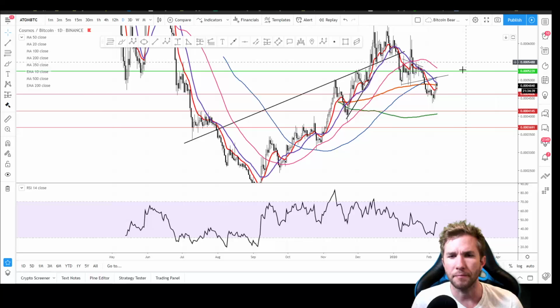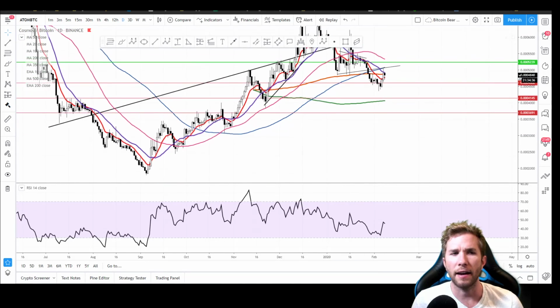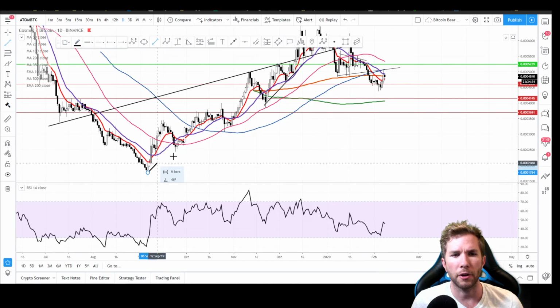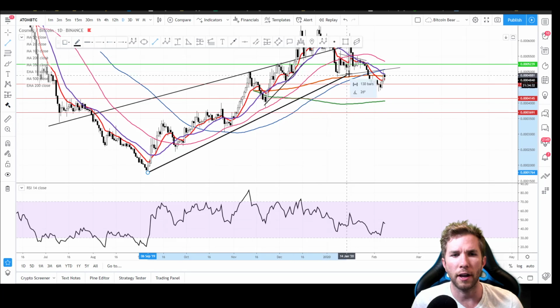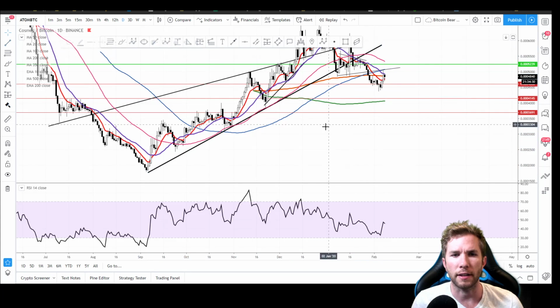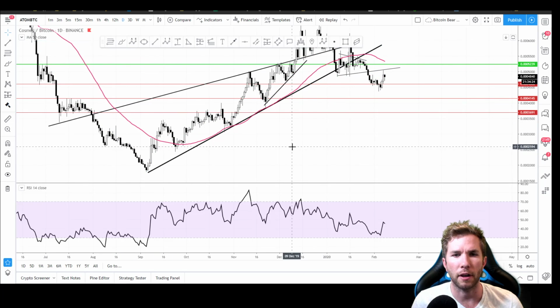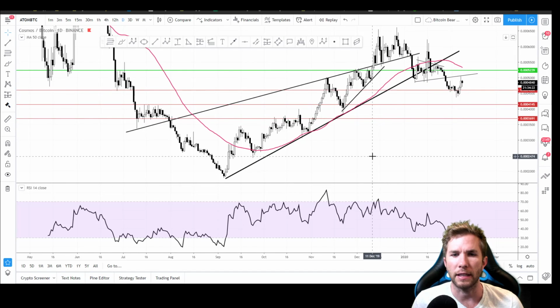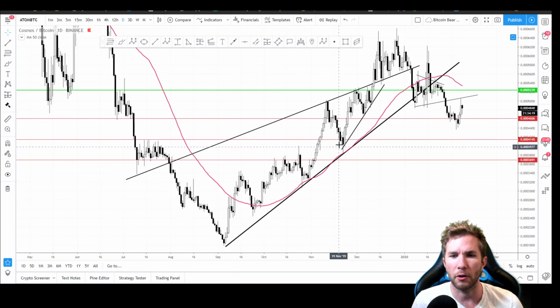So daily, Atom looks pretty good. If we're going to draw our trend, we want to draw it just like this. What you'll notice is this trend here, mostly respecting, I'm going to get rid of all this really quick, was mostly respecting the 50 period moving average.